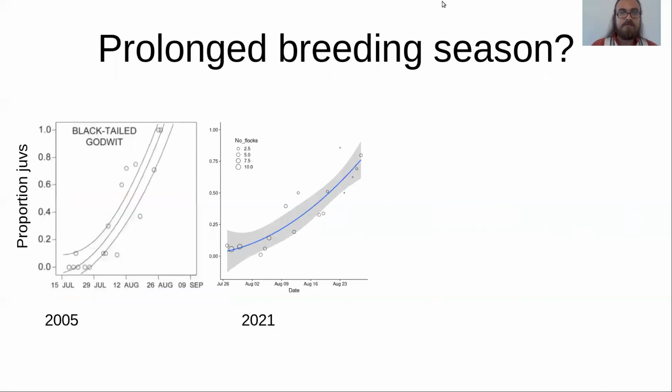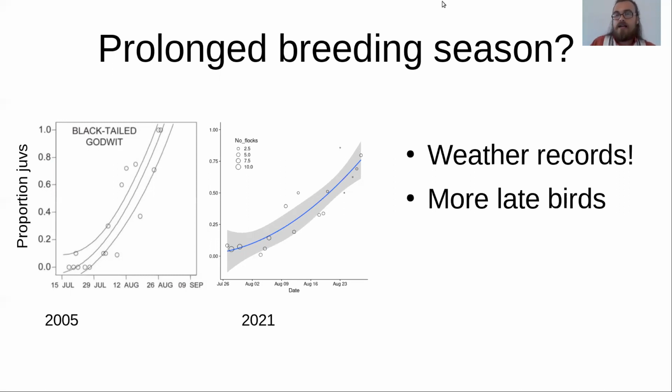Another result that I'm quite interested in is it very much looks like this was a later breeding season in 2021 compared to 2005. So there was the coldest May for 100 years, but then during June and July, some areas of the country were reporting their hottest temperatures ever. So it was a really strange, crazy year to be doing this study.